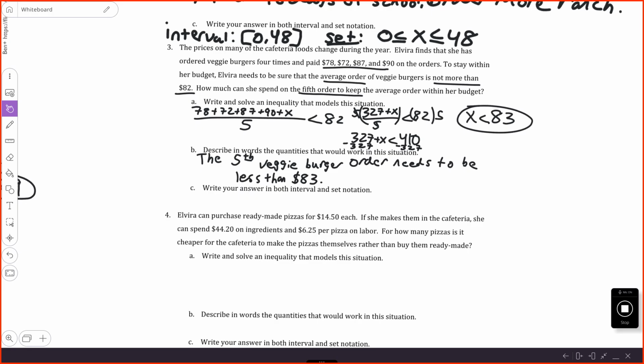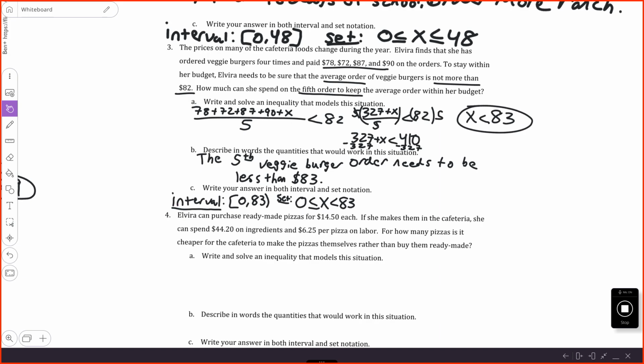Again, we're always assuming in these inequalities in this interval set that we can't go past 0, because no one's going to really give us free money. Less than 83, so 83 has to have a parenthesis. So we say 0 less than or equal to x less than 83 for set.